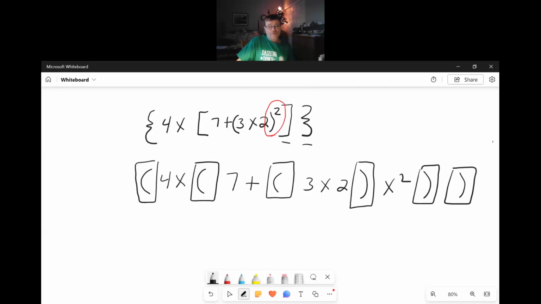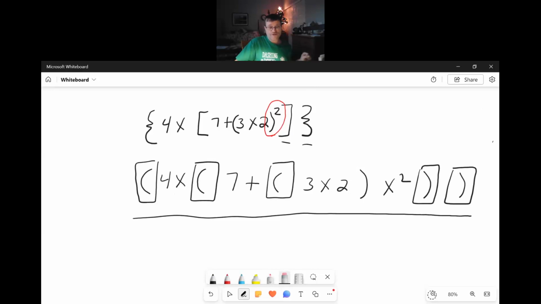See, if you look at this problem and stand back, I open 3 sets of parentheses and I close 3 sets of parentheses. So now I have a good running problem here. So you just want to make sure that you are closing the parentheses and the x squared is later. If this power of 2 was inside, then you'd have to do the power of 2 first and then close the parentheses. Right now, the power of 2 is outside. So let's run it on a calculator and see if we're going to get that 172.